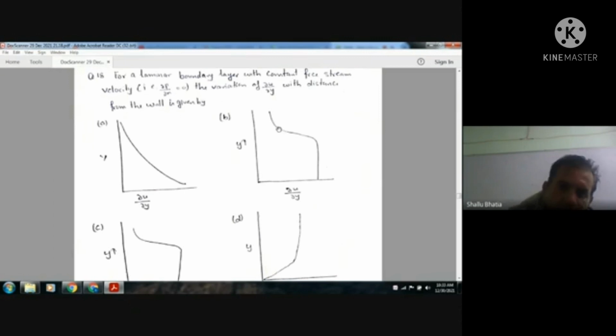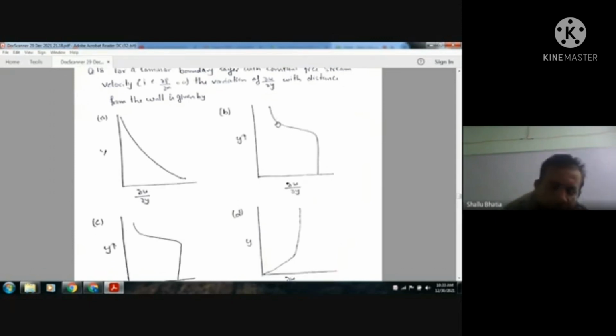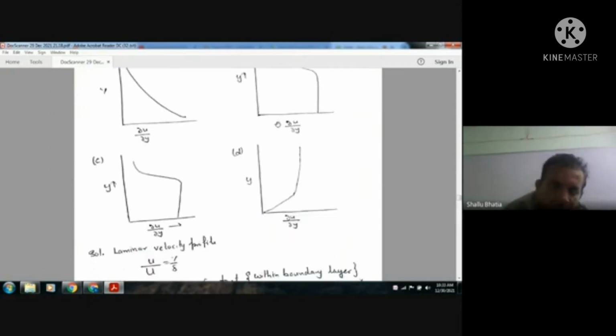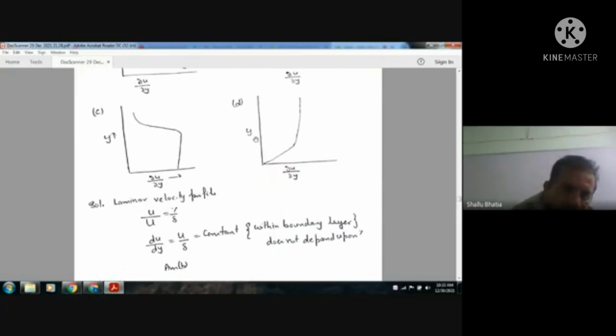And after some distance it may increase also. So this is y, and it will remain constant within the boundary layer, and then it will be zero. It will not depend upon y. So the answer is yes, or we can solve it by this.